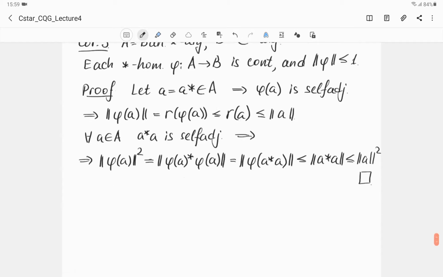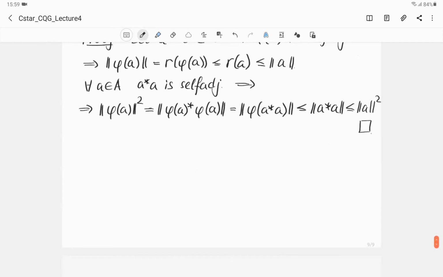Okay, now our next result, Theorem 2, is about the spectrum of a self-adjoint element in a C-star algebra.